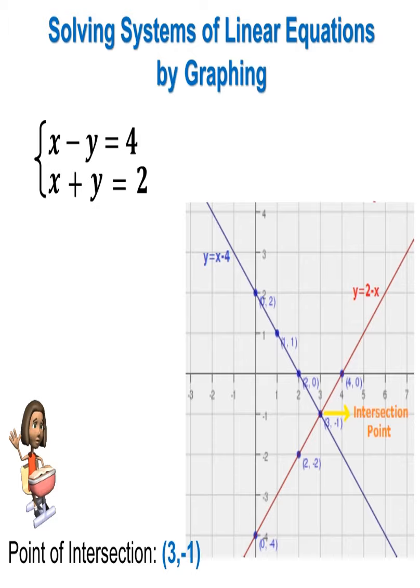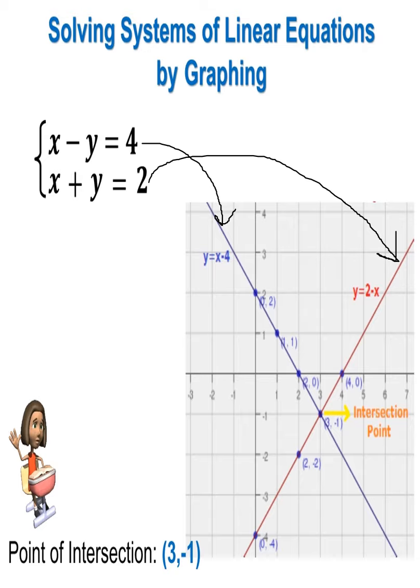So here is our problem. Our linear pair of equations is given as x minus y equal to 4 and x plus y equal to 2. We will draw x minus y equal to 4 in slope intercept form. Then we will have the equation as this, and when we draw the second one, we will get this line.